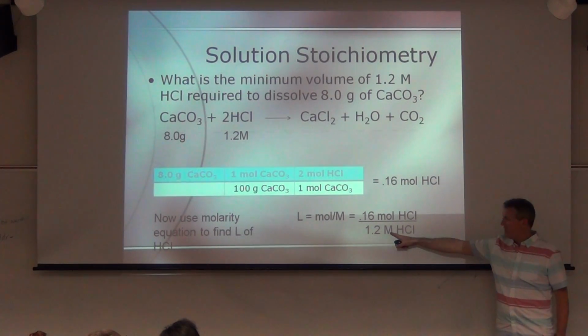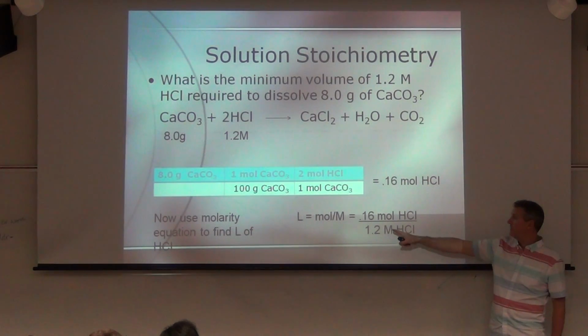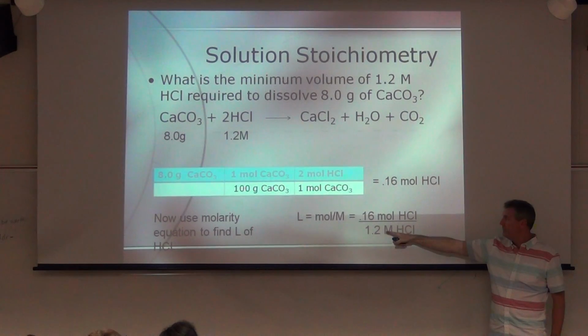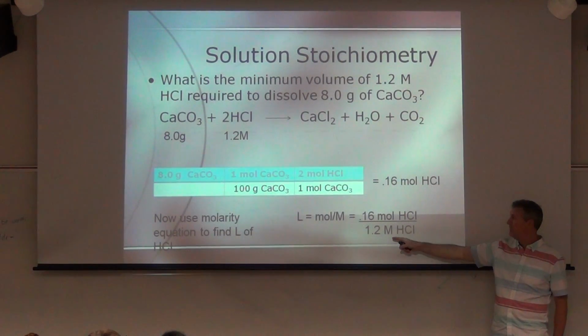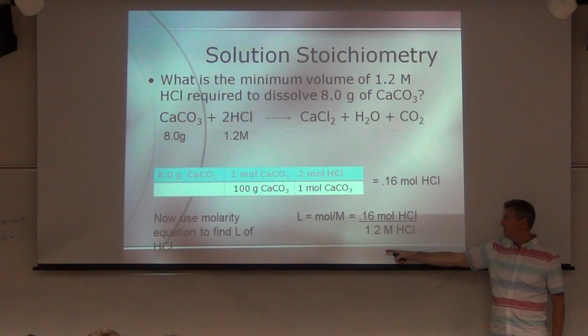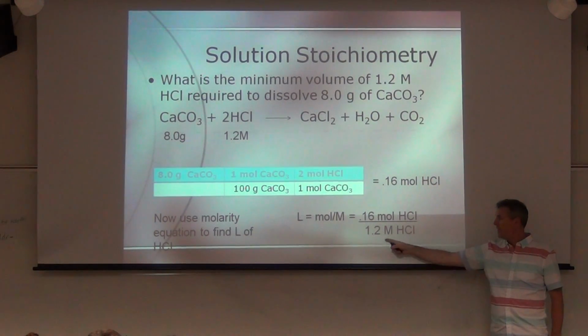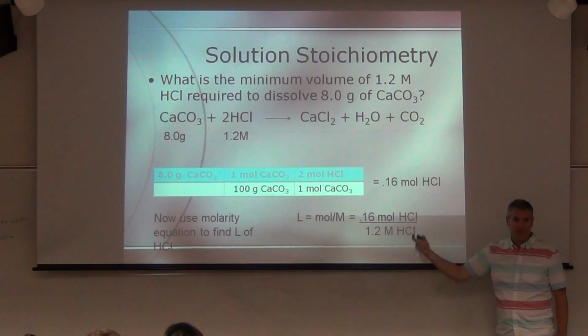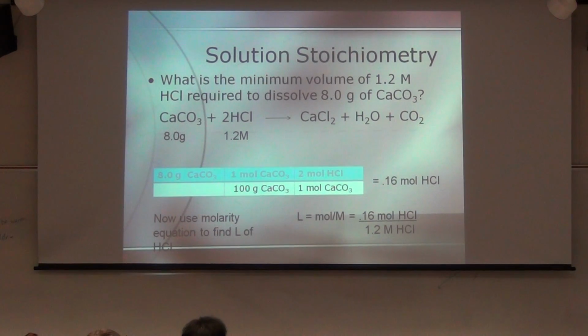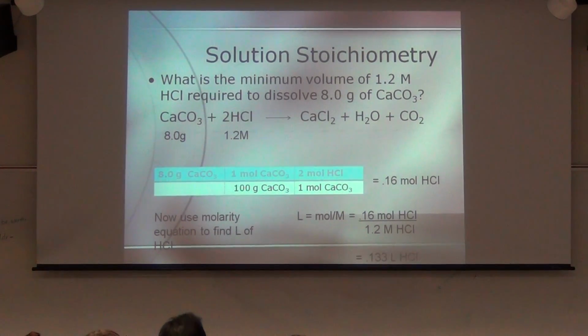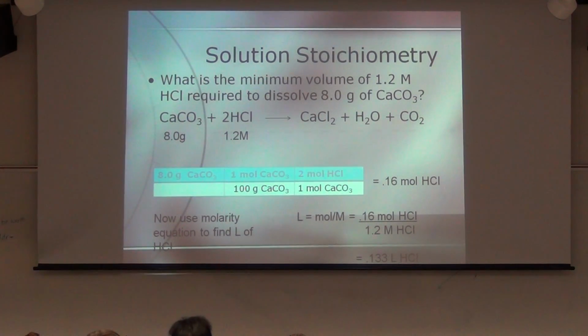Remember, the units on the molarity are moles per liter, so really we have moles divided by moles over liters. So our moles are going to cancel. Our moles over liters, bottom of the bottom, comes to the top. We'll be left with units of just liters, which is what we're looking for. 0.133 liters, that's your guy. Kill it.